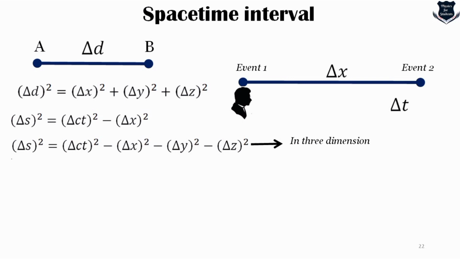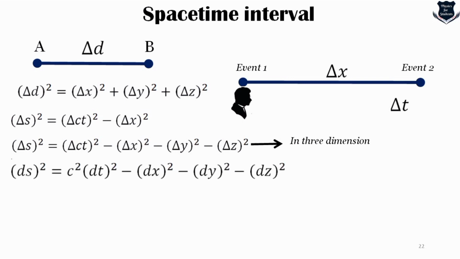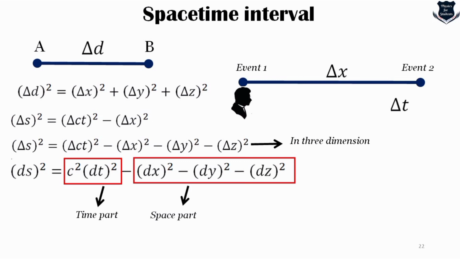Now this observer measures 2 events which are separated by a time delta T and a spatial distance delta X. Then the space-time interval delta S squared would look like this, and in 3 dimensions it would look like this. Now this one is for when the events are considered infinitesimally close to each other. We can use the differential term ds squared. This part is the time part, and this part is the space part, which I was just explaining: the space-time interval is divided into 2 parts.